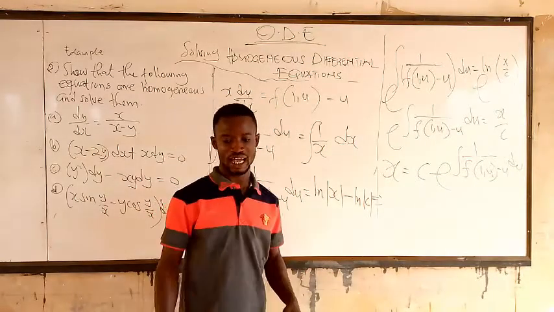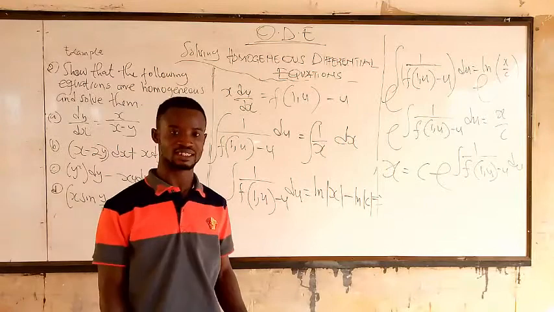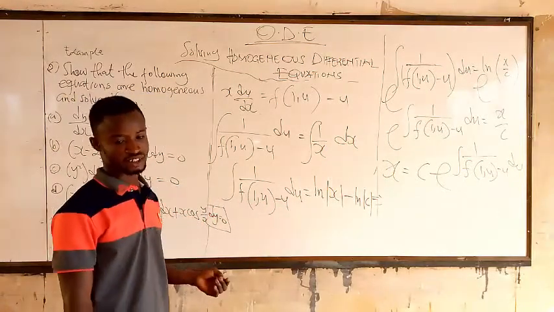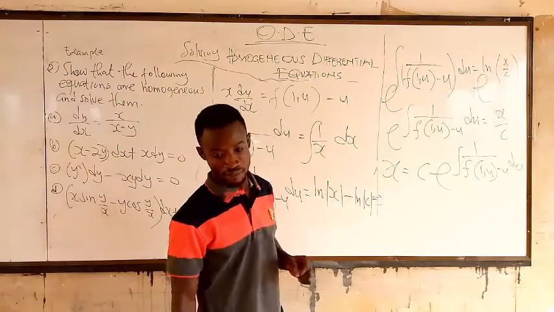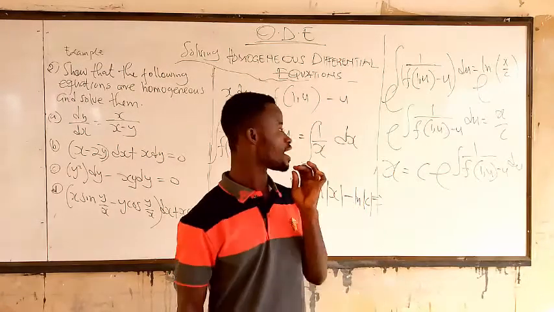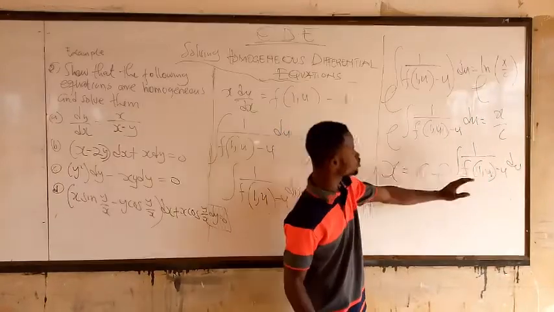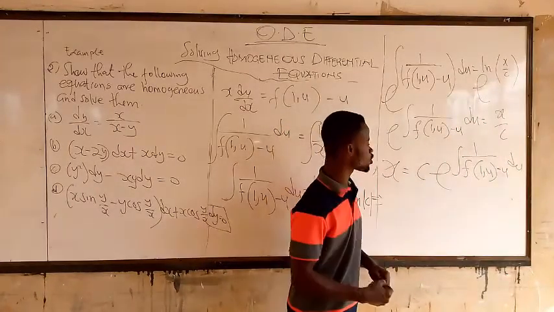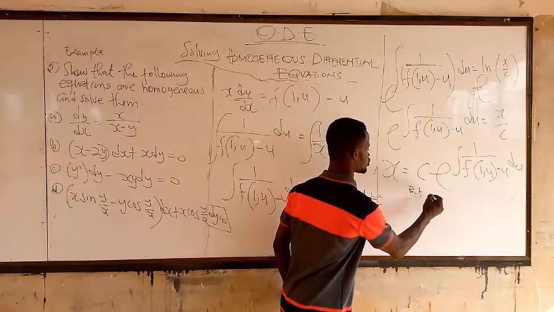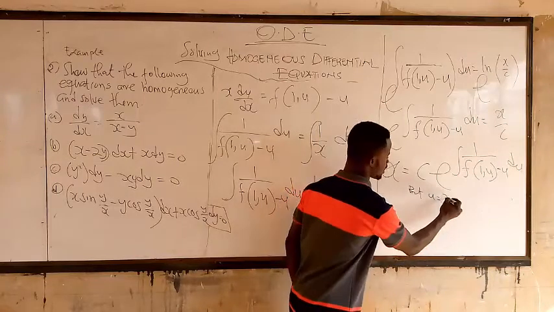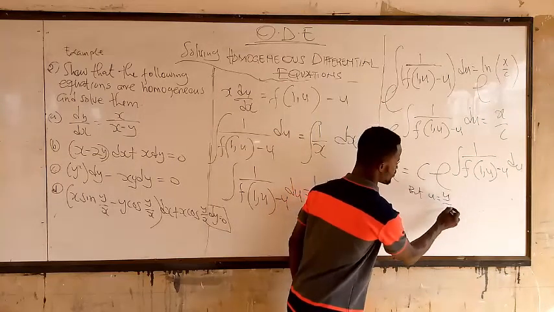So to get the solution in terms of x and y, after integration, we substitute for u, because we know that u is equal to y over x.